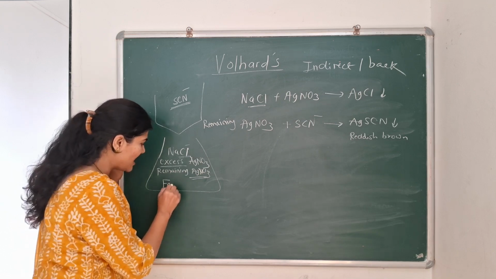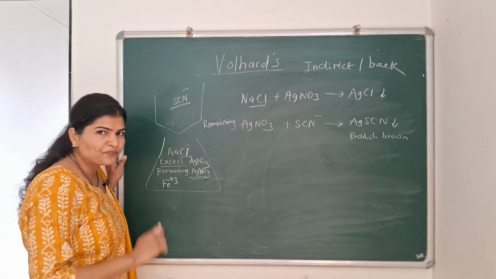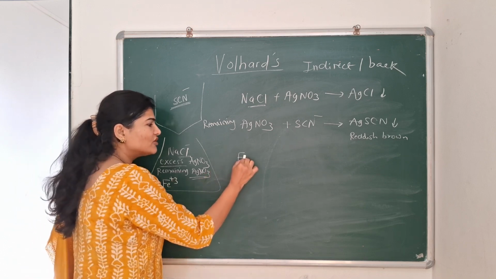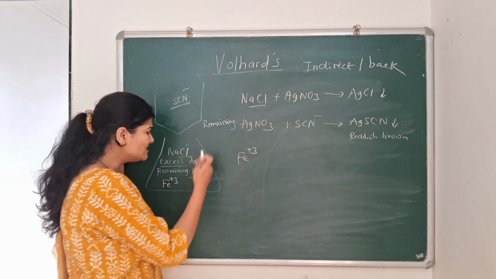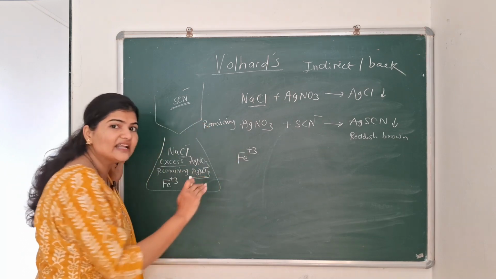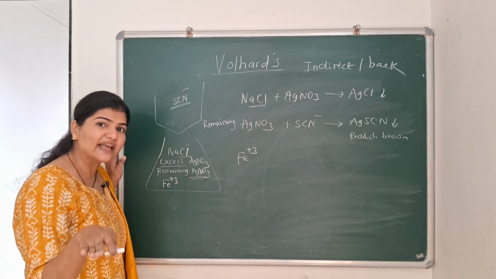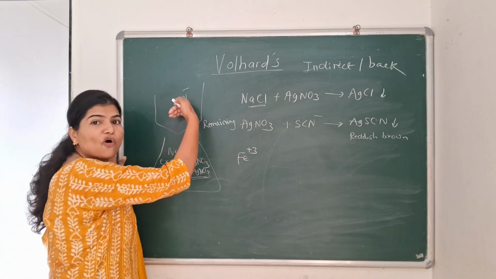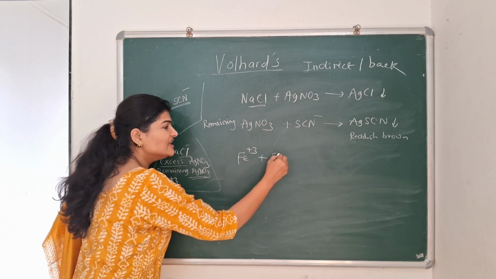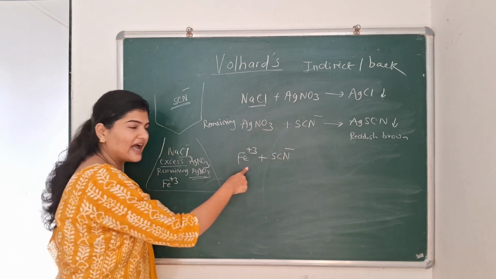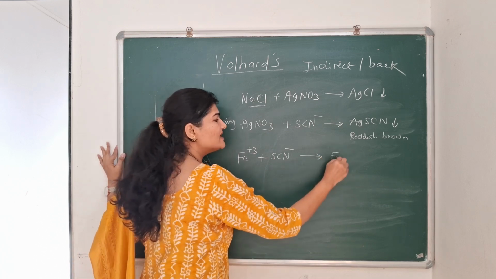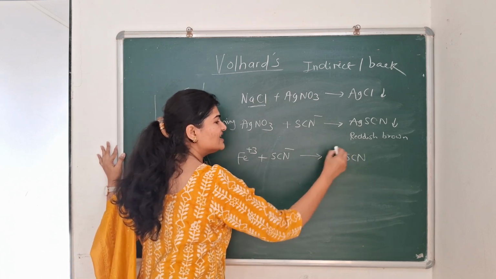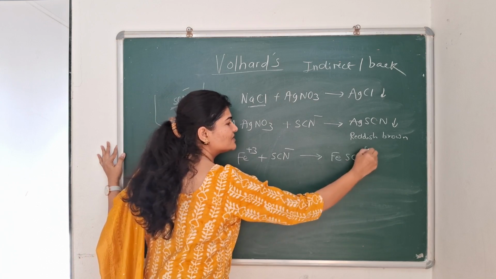So ferric ions, Fe+3, will act as indicator, and what will happen is once all the remaining silver nitrate is also completely reacted, the excess drop of thiocyanate will now react with the indicator ion to form a complex ion like this, ferric thiocyanate +2.